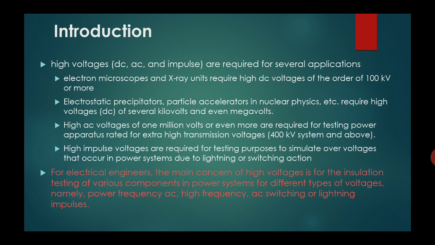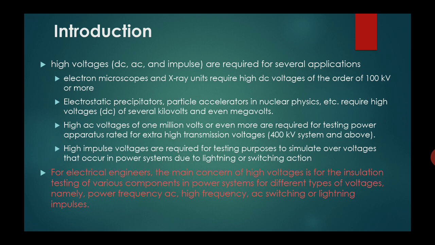Again, high AC voltages of 1 million volts or even more are required for testing of power apparatus rated for extra high transmission voltage of 400 kV system and above. Now all the power apparatus we see, from transformers to cables and transmission lines, all these apparatus used for high voltage transmission should be insulated and tested for a high voltage.